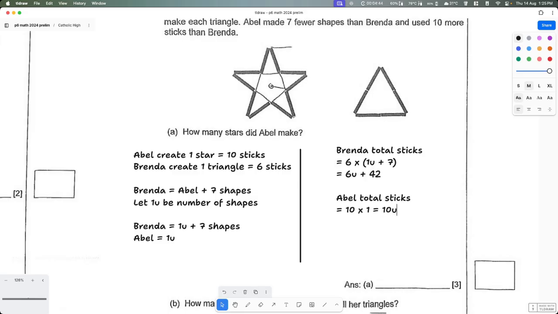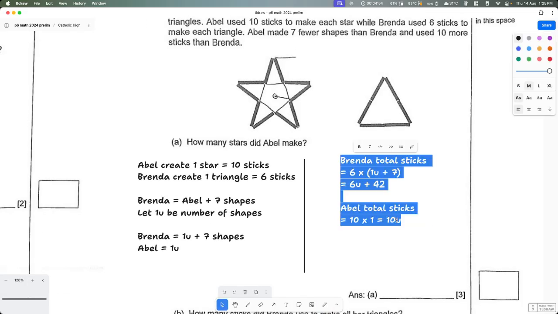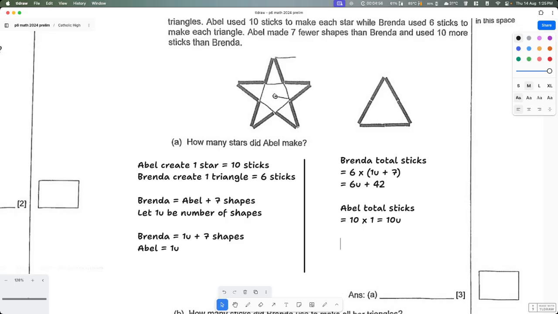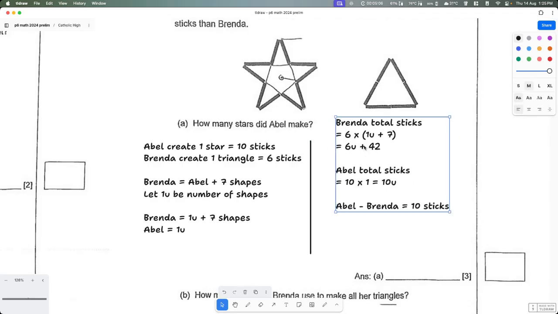From here, we know that Abel used 10 more sticks than Brenda. So Abel's total sticks minus Brenda's is equal to 10 sticks. We can use this to figure out how much 1 unit is.